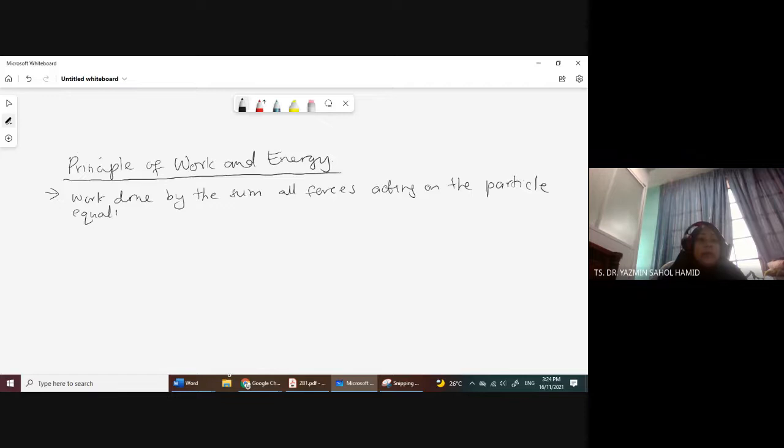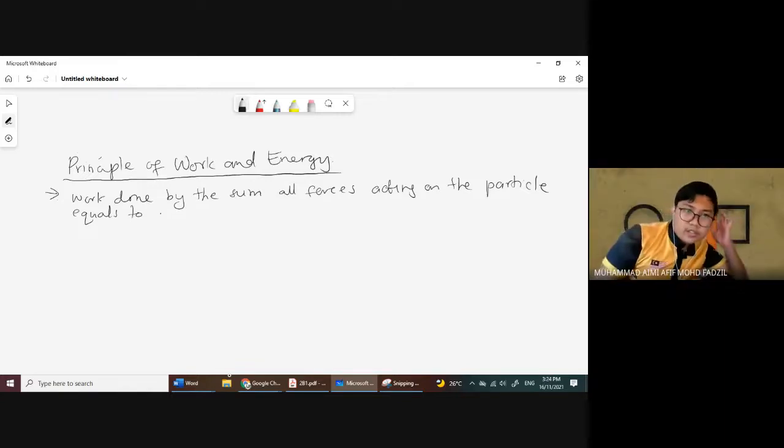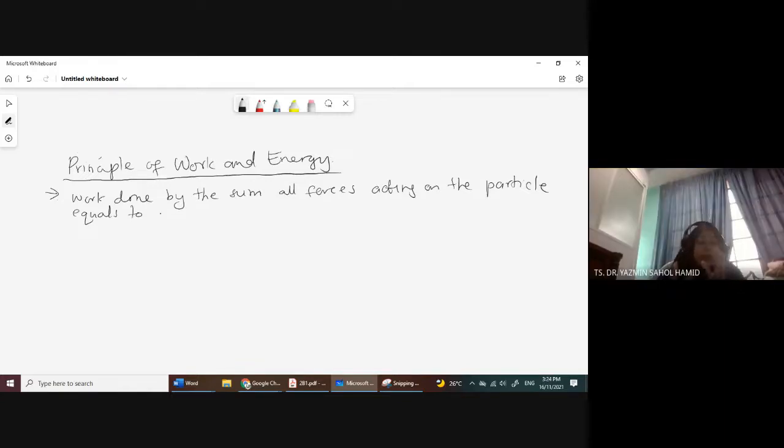If you remember what I said just now, are you focused? Equals to the kinetic energy of the particle. It is correct, but it's equal to the change in the kinetic energy. The key word here is the change.